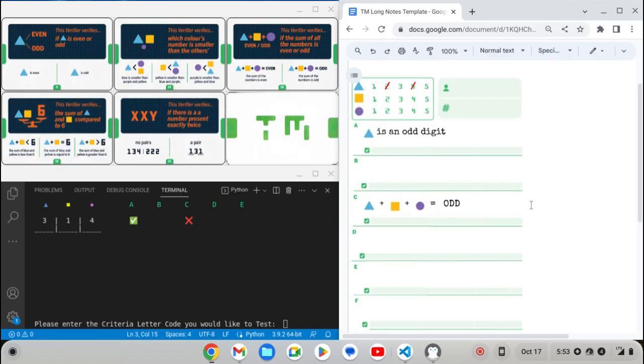So that means that square and circle have to be of the same type. They either have to be both odd or both even. Because in those scenarios where they're the same type, whenever you add them together, that produces an even sum. And then when you add in the triangle odd value to any even, that sum total basically becomes odd. So we're looking at a potential solution that's all odd or odd, even, even.